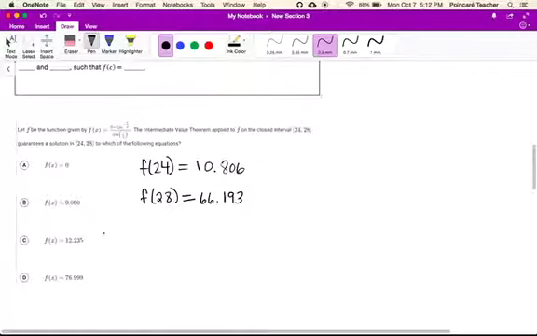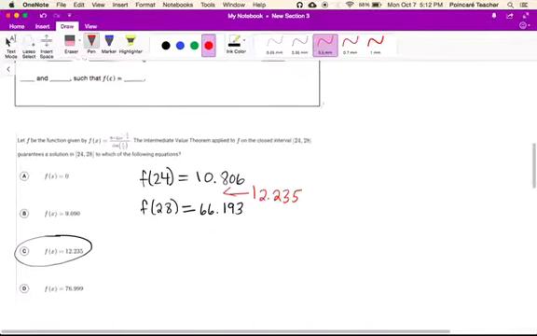And most people had selected C, 12.235, because 12 is between these two numbers. Okay, so the answer choice is C, and then obviously D is outside of the range of y values, therefore we can't say that the intermediate value theorem guarantees us that the function will go through that number.